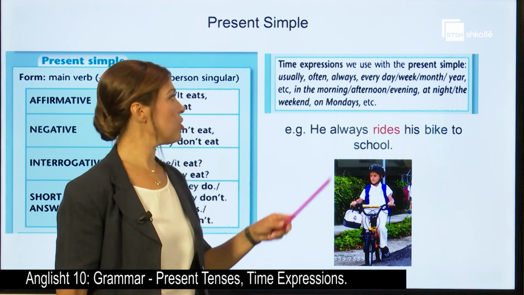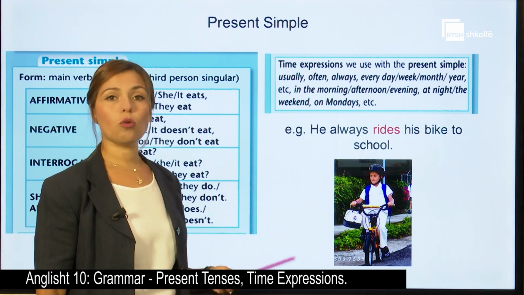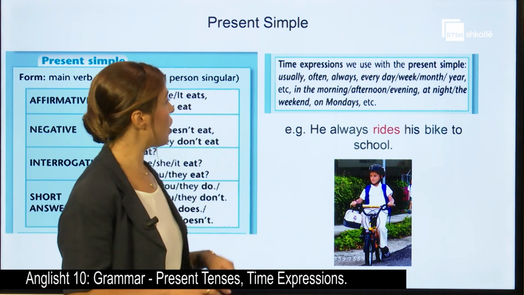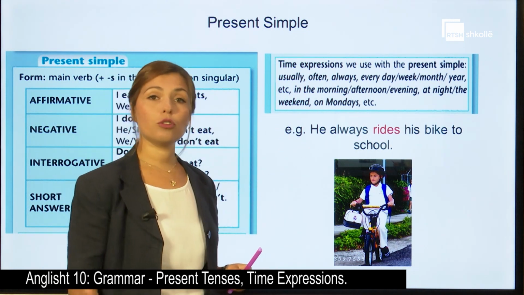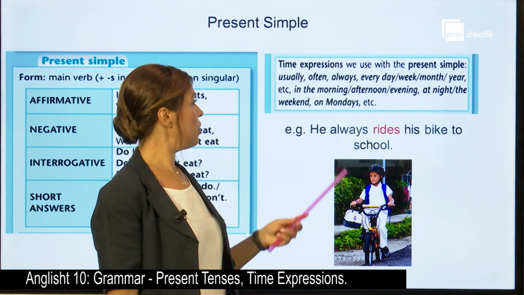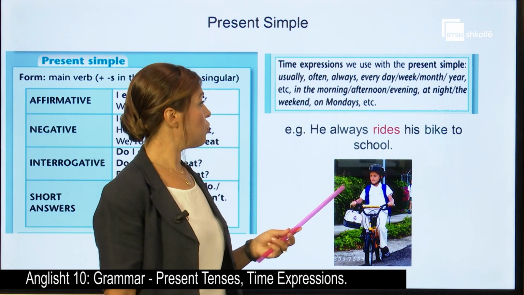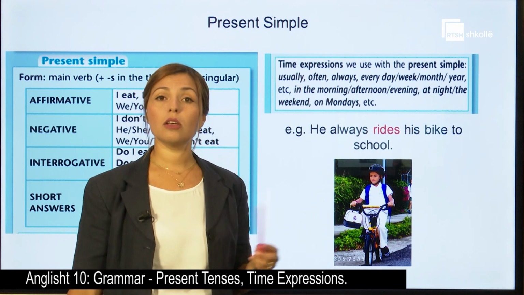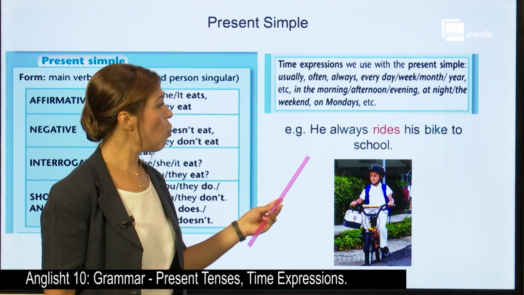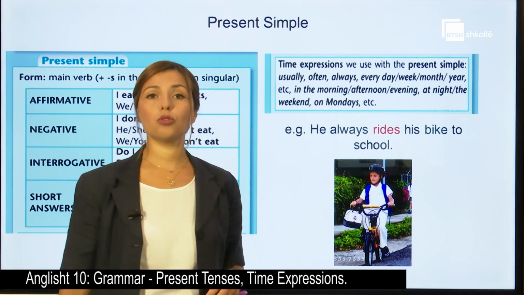Which are the time expressions that we use? So, those words that show us the time. For example, usually, how often you do something, always, every day, every month, every year, in the morning, in the afternoon, at night, at the weekends, on Mondays, on Tuesdays. Let's see an example. He always rides his bike to school.